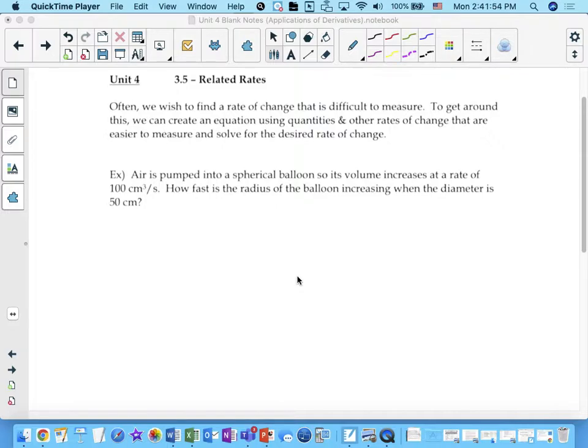So we're not necessarily going to be looking at the rate of the radius with respect to volume. We're going to be looking at the rate of volume with respect to time and radius with respect to time, and looking at both of those to solve one problem.